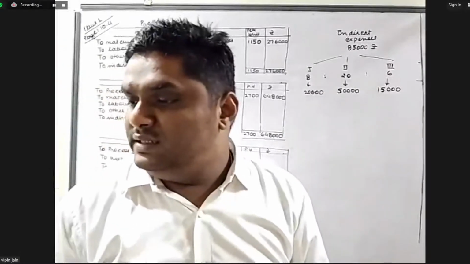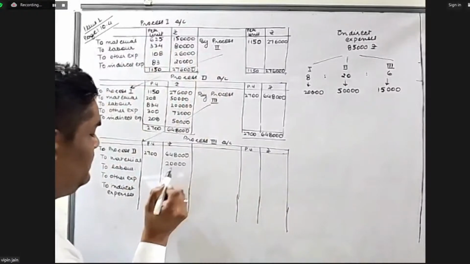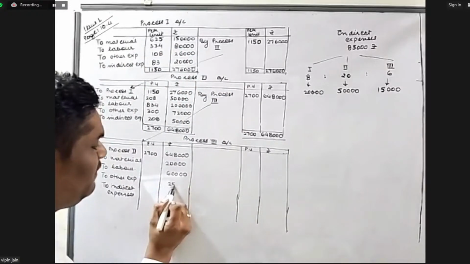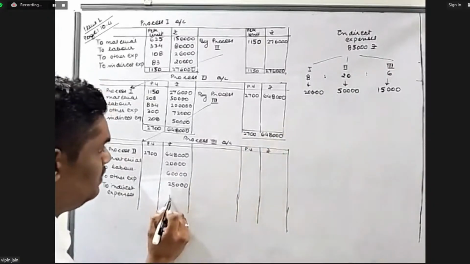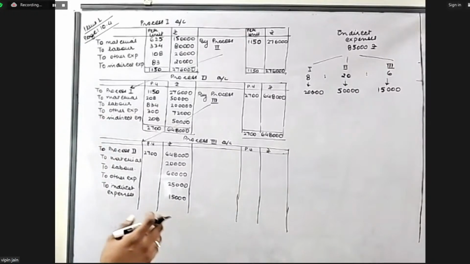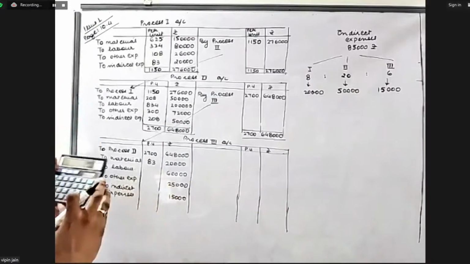Further, material is 20, labor is 60, this is 25, and this is 15,000. So this will be 83.